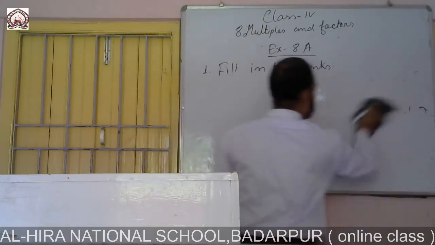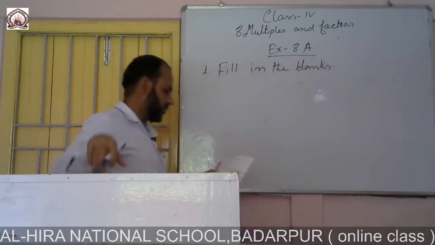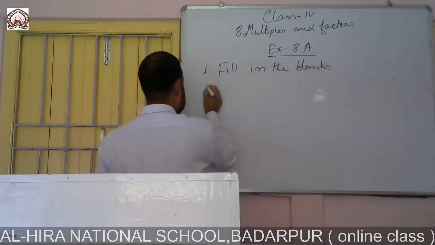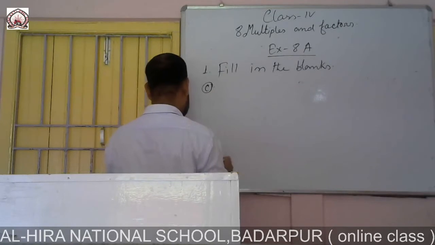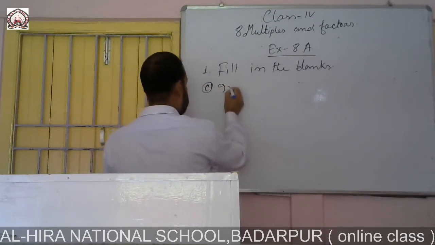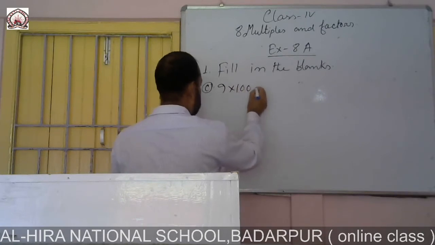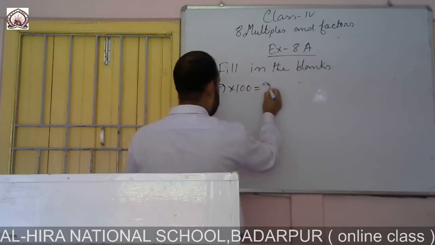Question number C, 9 into 100 equal to 900.